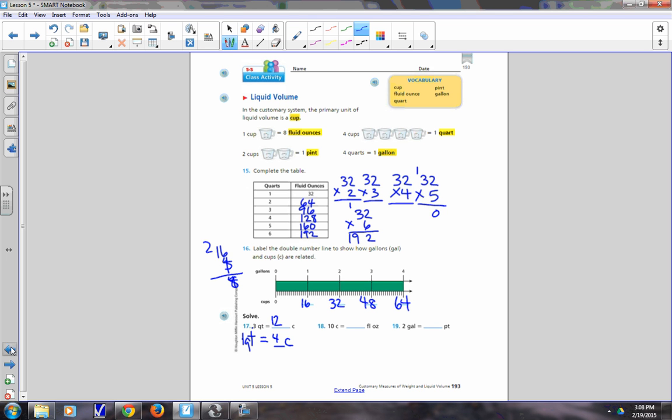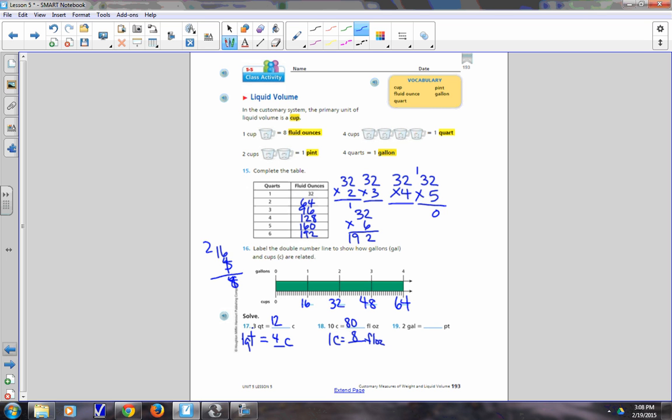How many ounces, fluid ounces, are there in 1 cup? Well, we said each cat had how many spots? 8. So if I want to do 8 times 10, I know there's 80 fluid ounces in 10 cups.